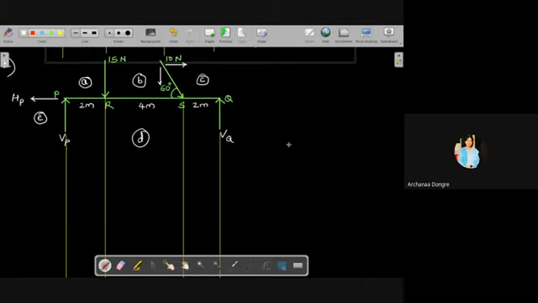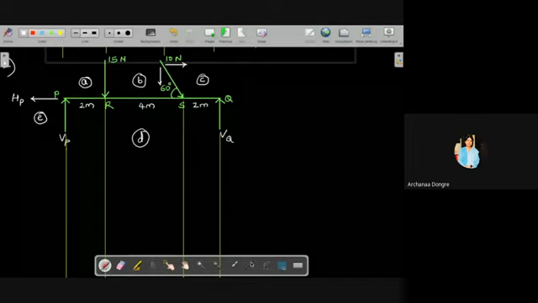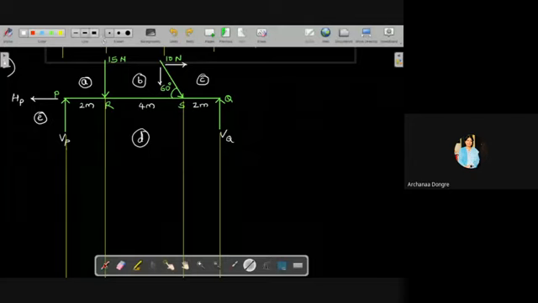So when you draw AB, take a scale. I'm using the same scale, 5 Newton is equal to 1 centimeter. So here I'm drawing a straight line, AB is equal to 3 centimeter.